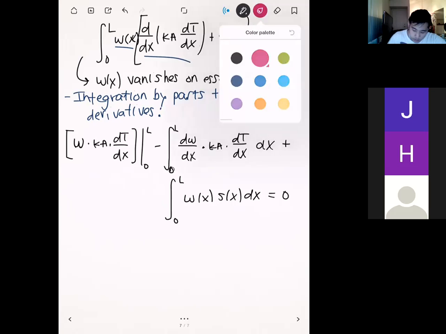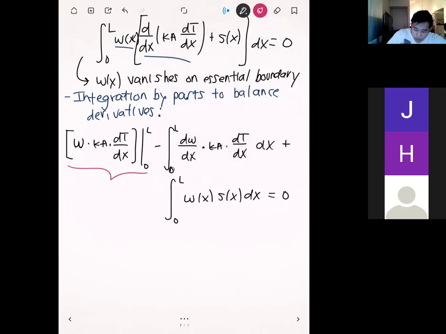Right. And so once again, when we evaluate this guy, this guy is evaluated at both of our boundaries. So you can see that we're going to evaluate this at x equal to 0 and x equal to L. Okay.